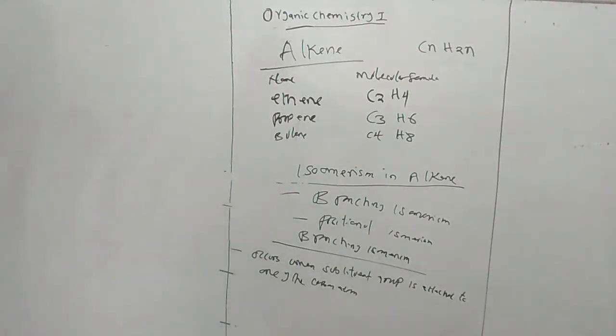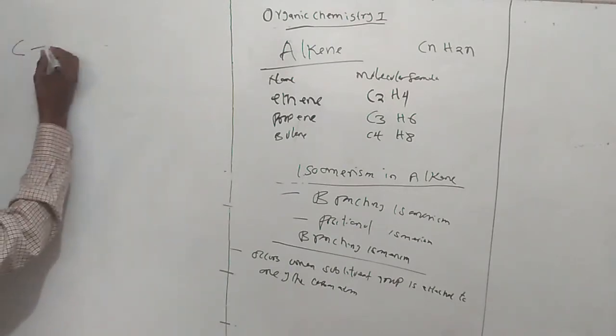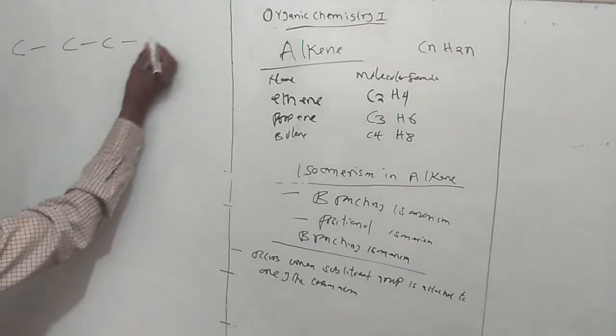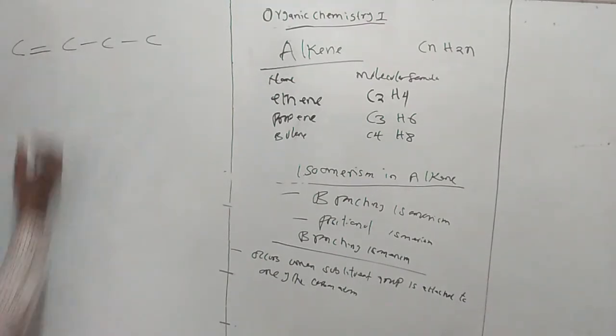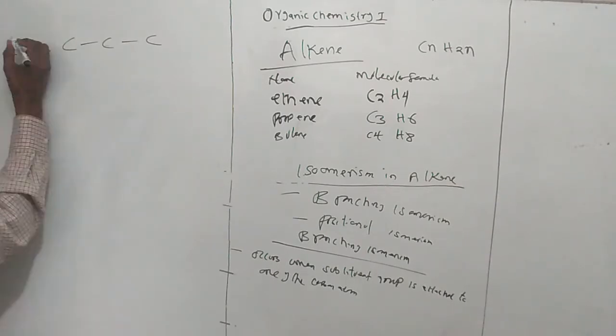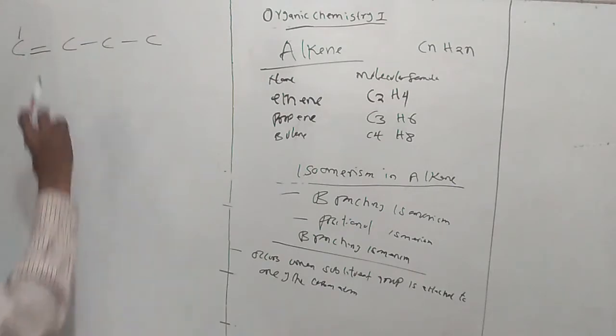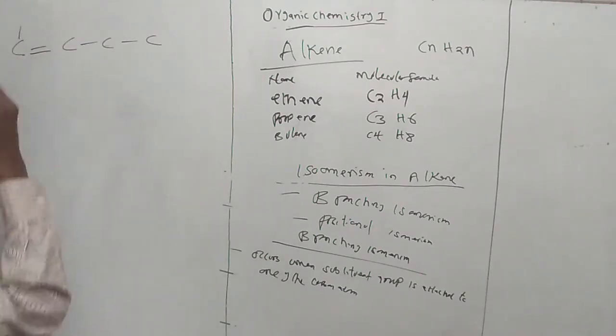For example, we can say the but-1-ene. For the butene, first the number of carbon atoms is 4. So we have C. Since it is a double bond, we put the bond in the first place. This is now but-1-ene. Remember, the carbon atom can have only a maximum of 4 bonds.